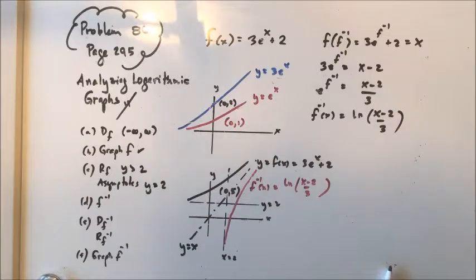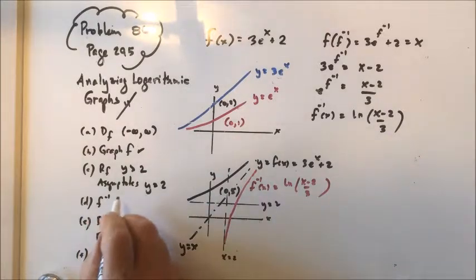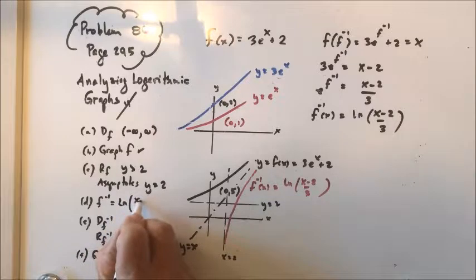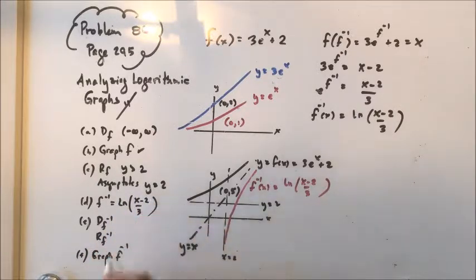And so we can finish out answering the questions here. Natural log x minus 2 all over 3. What's the domain? It's all values of x greater than 2. Yep. What's the range? It's everybody from minus infinity to infinity.